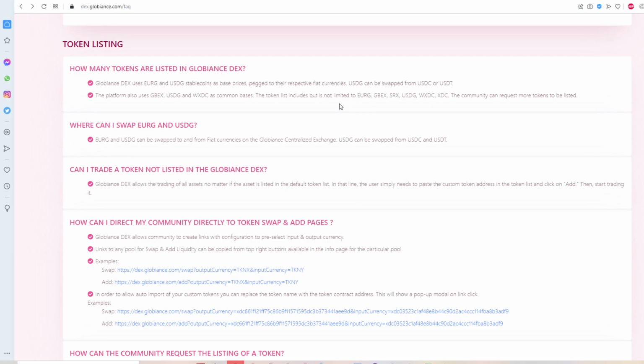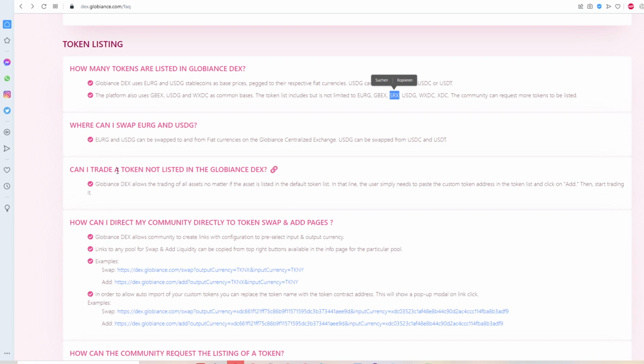That's in principle like USDD, USDC, and all these others, but issued by Globiance itself. The other common ones are GBEX, XCC, and VXCC, so wrapped XCC. And then you saw XAX and PLA were the other ones.